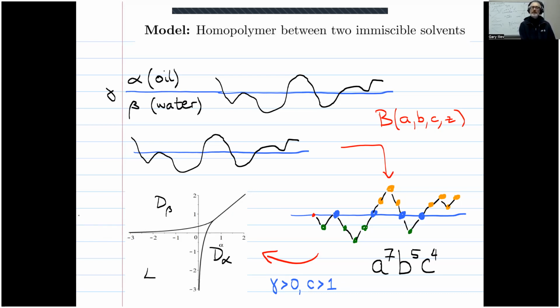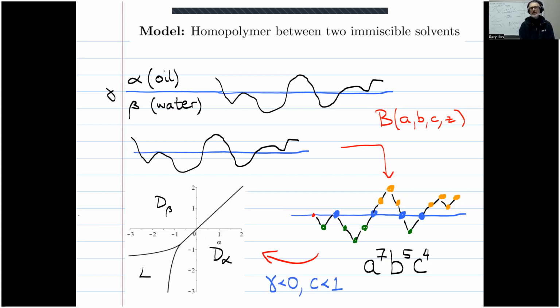Now I'm going to ask, what happens if C is less than 1? What happens if I put a penalty on having vertices in the interface? Not surprisingly, this shrinks the localized region or increases the delocalized regions. Both D alpha and D beta get larger.